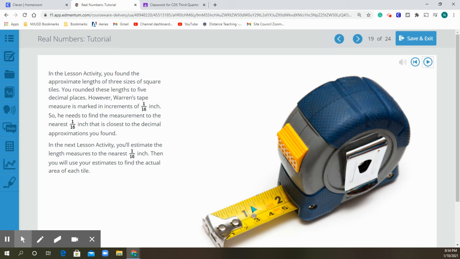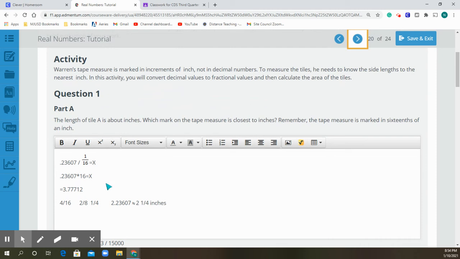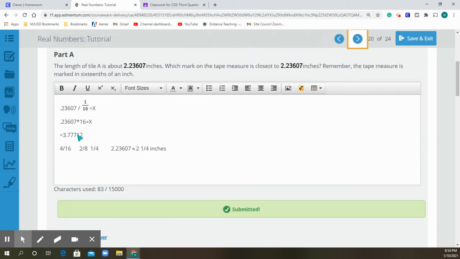So 1, 2, 3, 4 sixteenths is the same as 1/4, just so you know, because this is a half, this is a quarter, this is an eighth, this is a 16th. So we now have 3.77. We round up to 4, so 4/16.